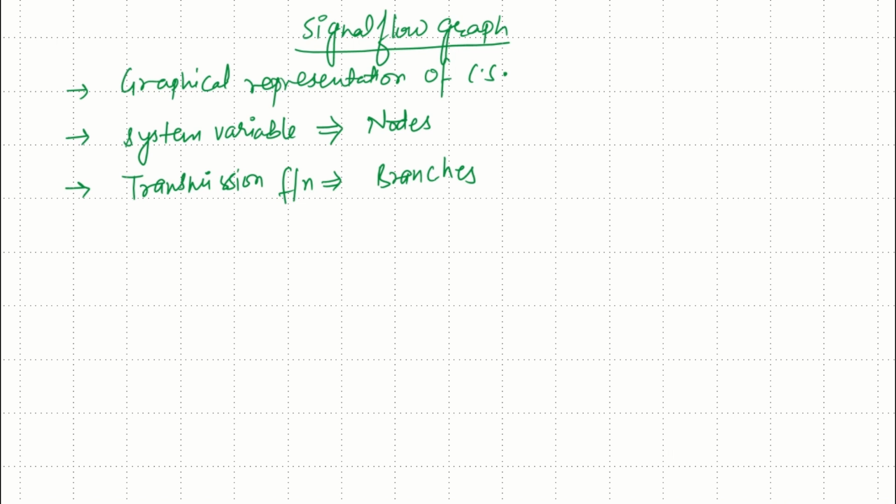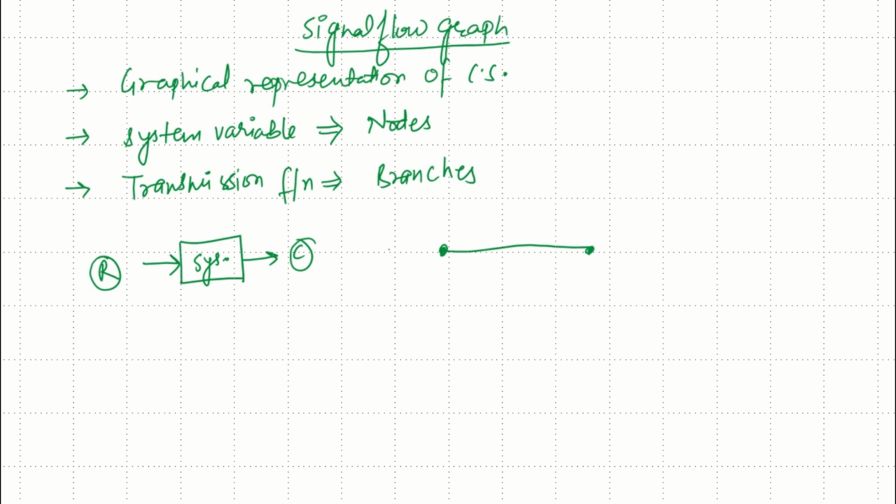If I take the simplest example of a block diagram, where we have an input R and we get some output C with a block representing some system, then the signal flow graph of this single block can be represented as follows. Since there are two system variables, one input and one output, I will represent them with nodes, and connect the input and output nodes with a line.